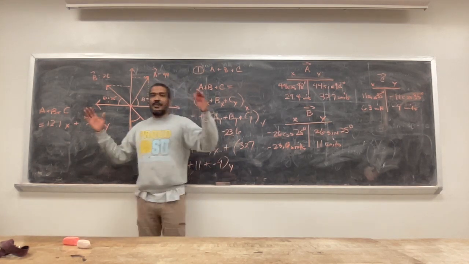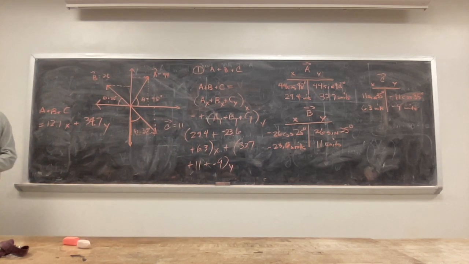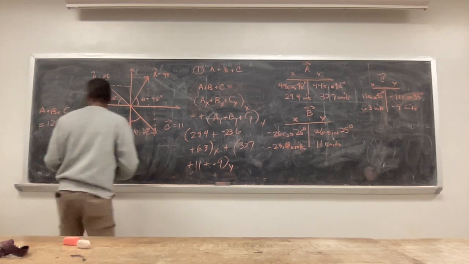Now, how do I find the magnitude of that vector? What do I use in my Pythagorean theorem? You use the X and the Y components.